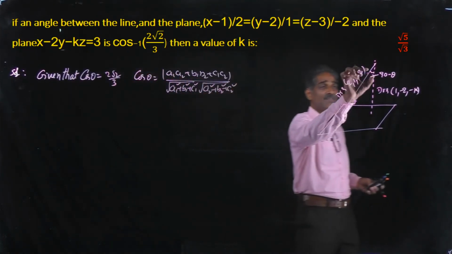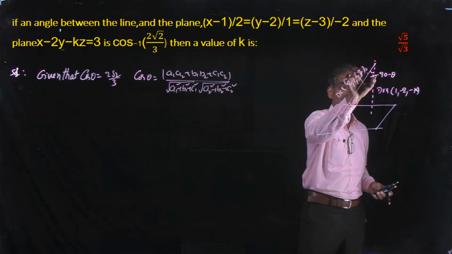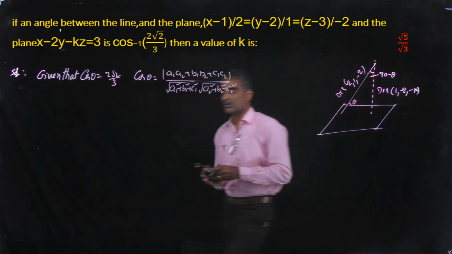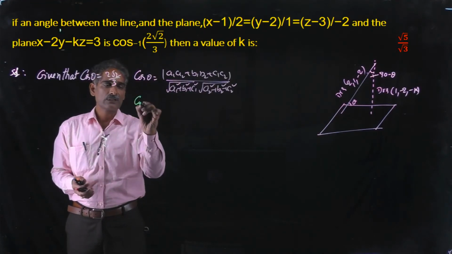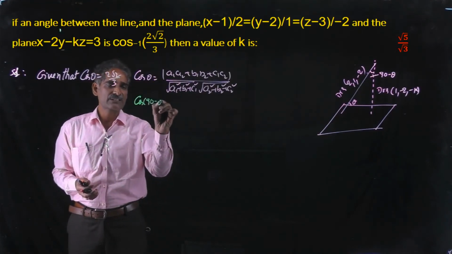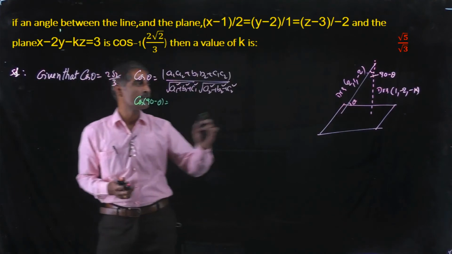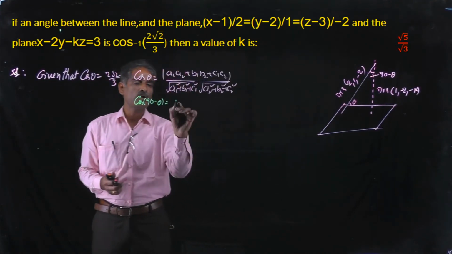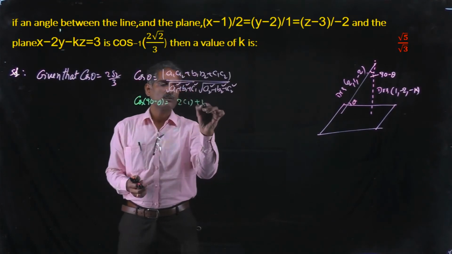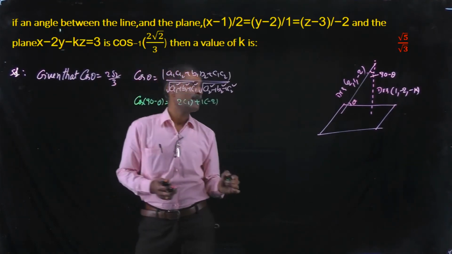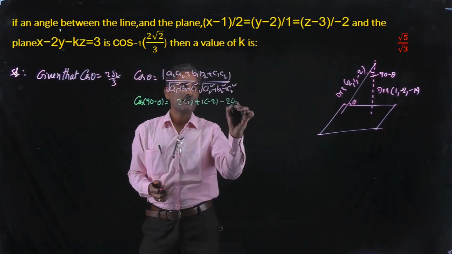So cos of theta, this is the formula, but in here the angle between the line is 90 minus theta. So cos of 90 minus theta is equal to a1 a2: 2 into 1 plus 1 into minus 2 minus 2 into minus k.